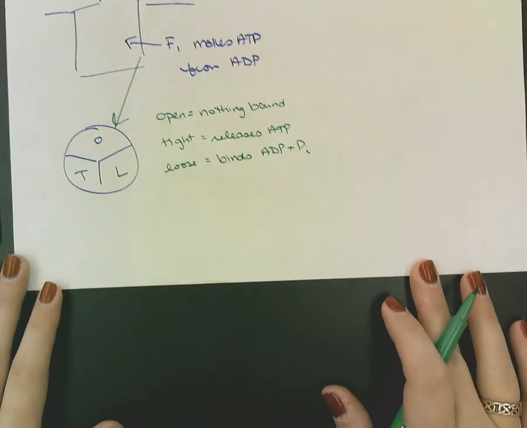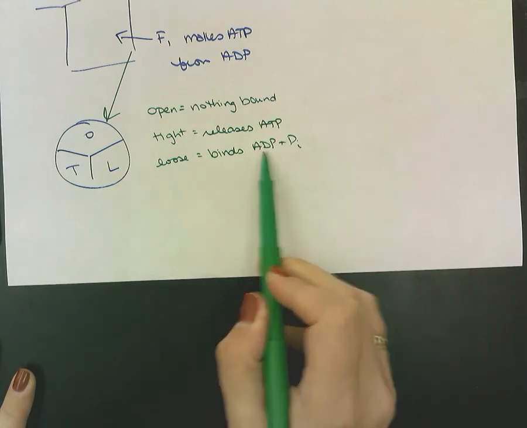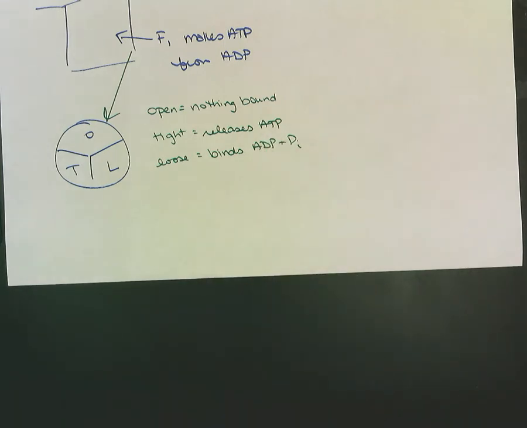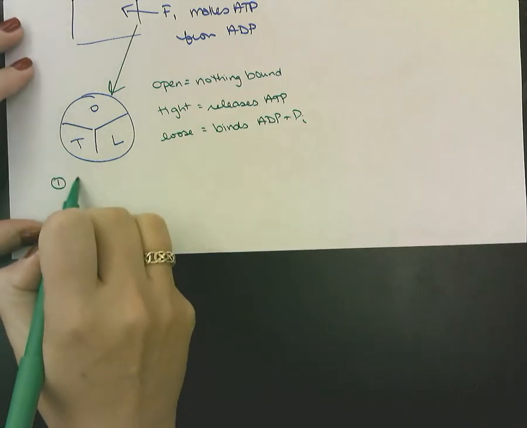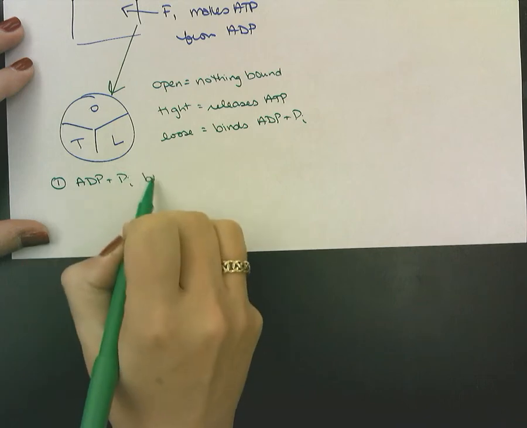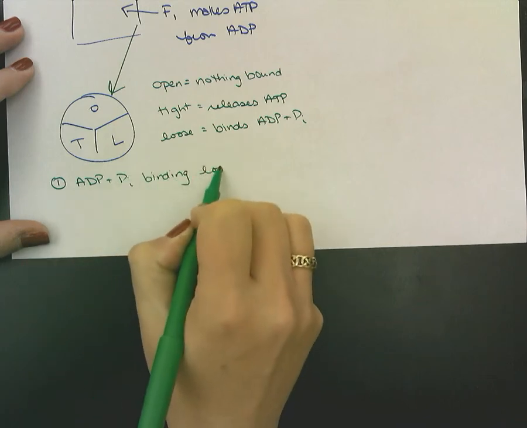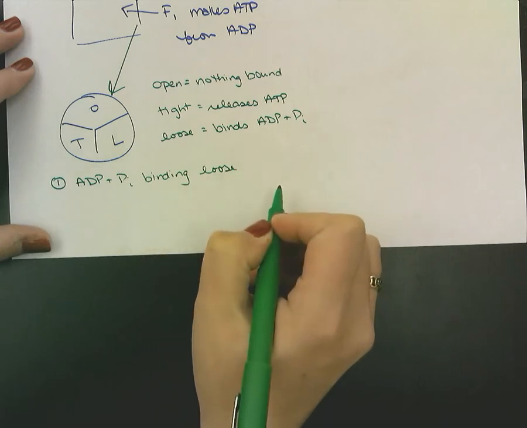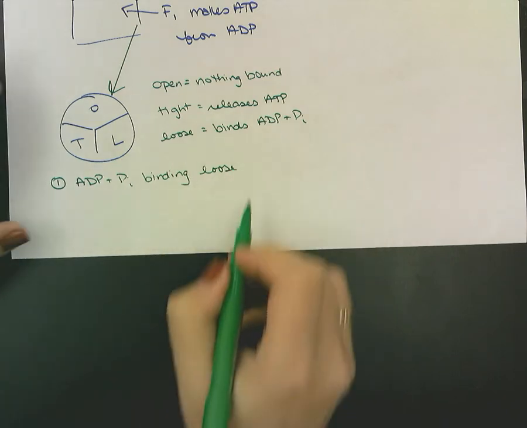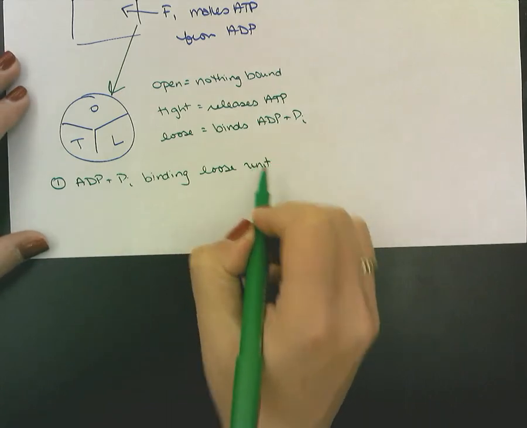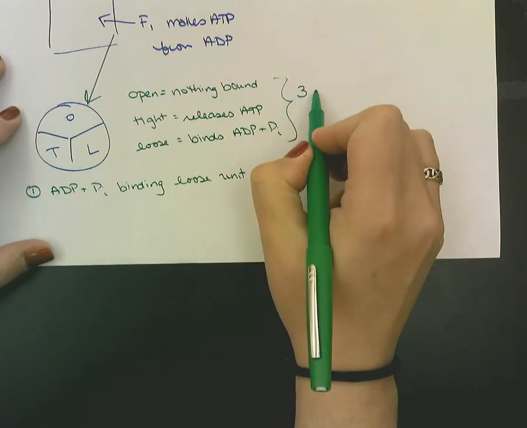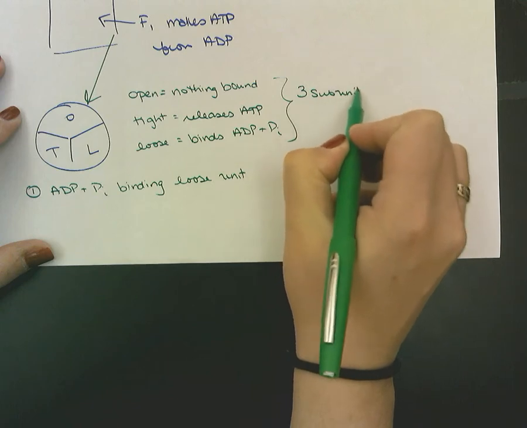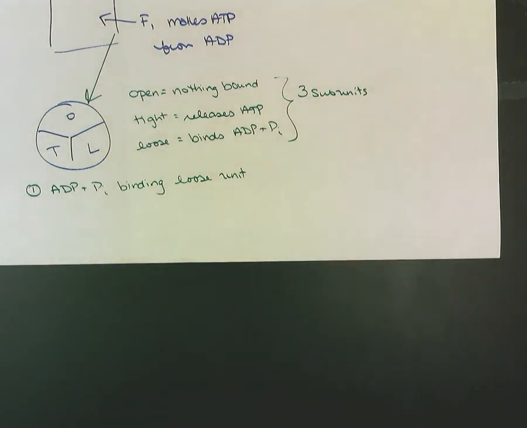So if we work through how we get from ADP to ATP, first step, so really there are 3 subunits all working together to make the major complex.